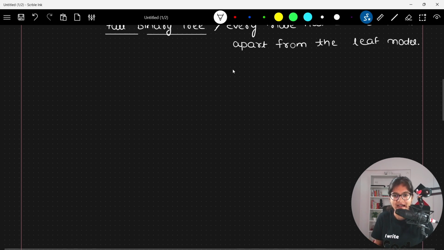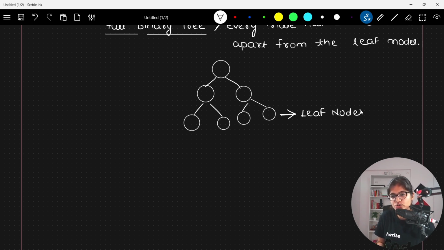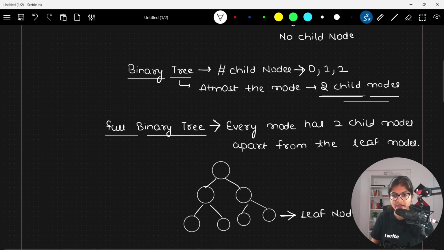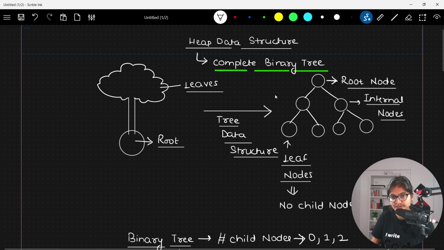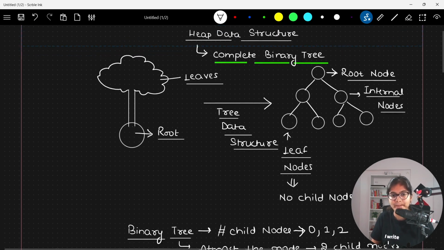The simple meaning is, for example, this kind of tree. Here, every node, apart from the last level, which is the leaf nodes, has two child nodes. This is what we call a full binary tree. The tree I created at the very first time is also a full binary tree.